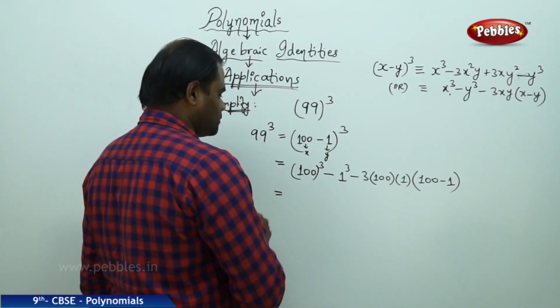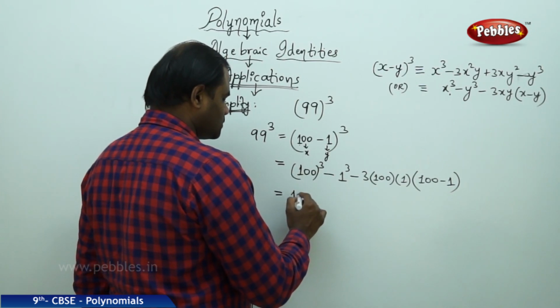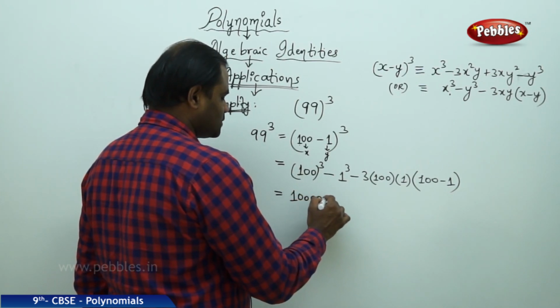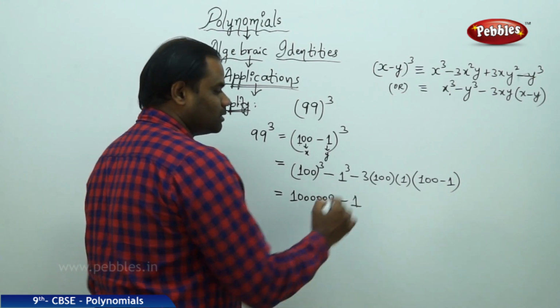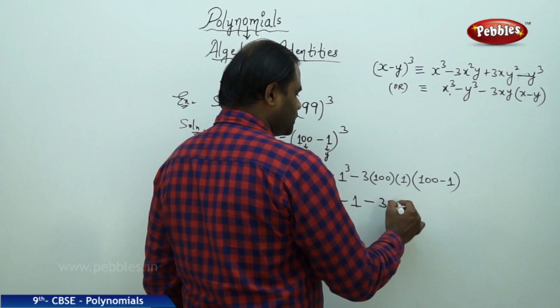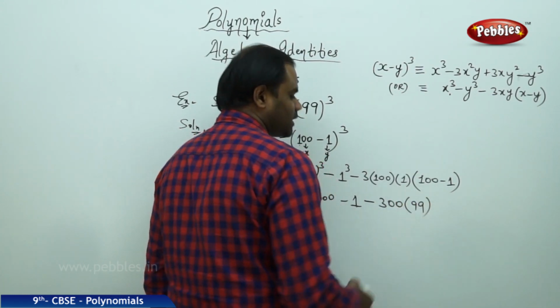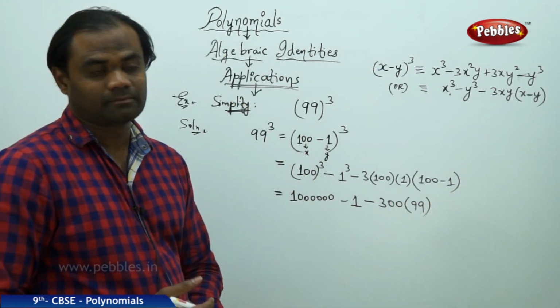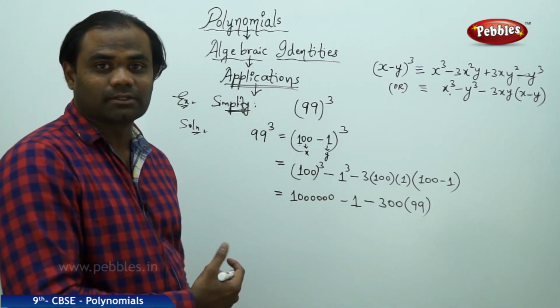The 100 cube is 10 lakhs, minus 1 cube is 1, minus 300 times 99 is what we get.